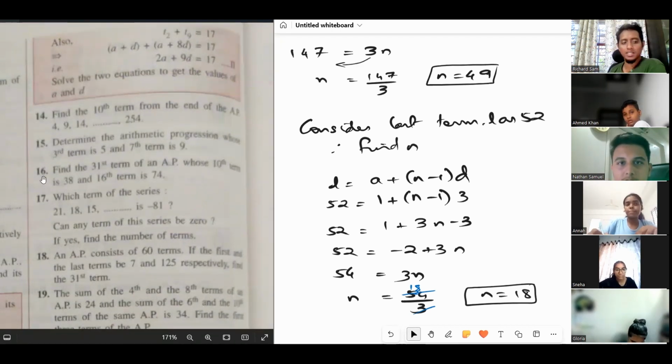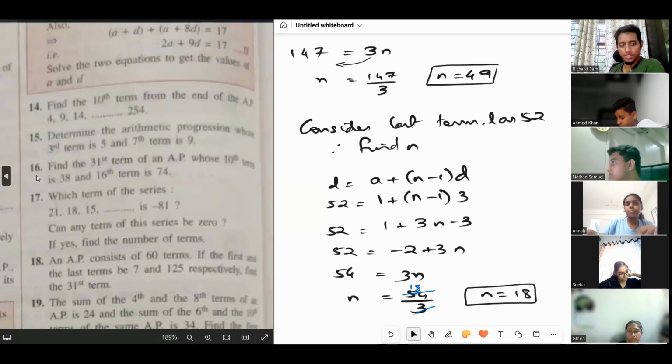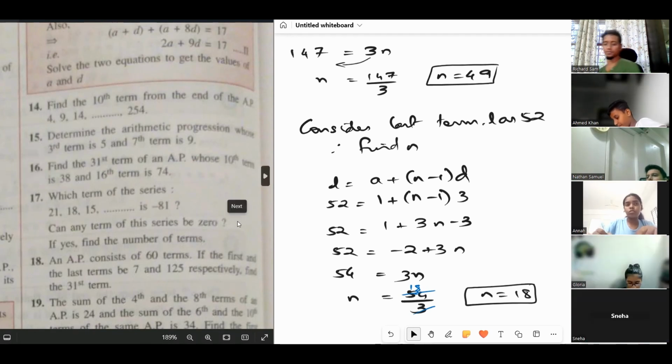Next, we're going to the 16th question here in my book, 16. You all start off and see if you're able to understand anything from that. Question 16.